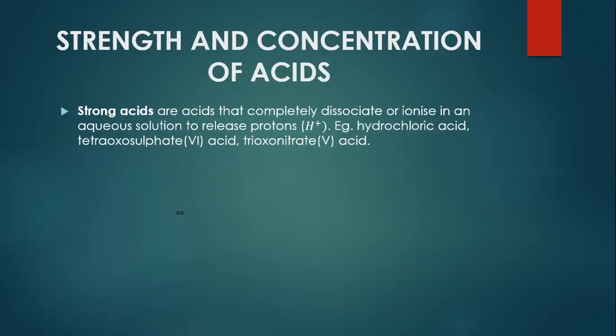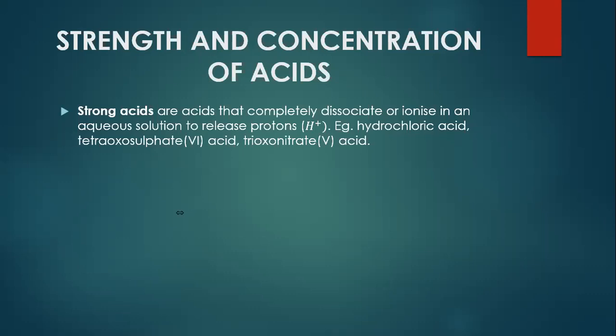Now, the first thing that we need to know is strong acid. Looking at the strength of an acid, strong acids are defined as acids that, when dissolved in an aqueous solution, ionize completely, they dissociate. In layman terms, they dissolve completely to release protons or hydrogen ions. That is one way to define a strong acid.